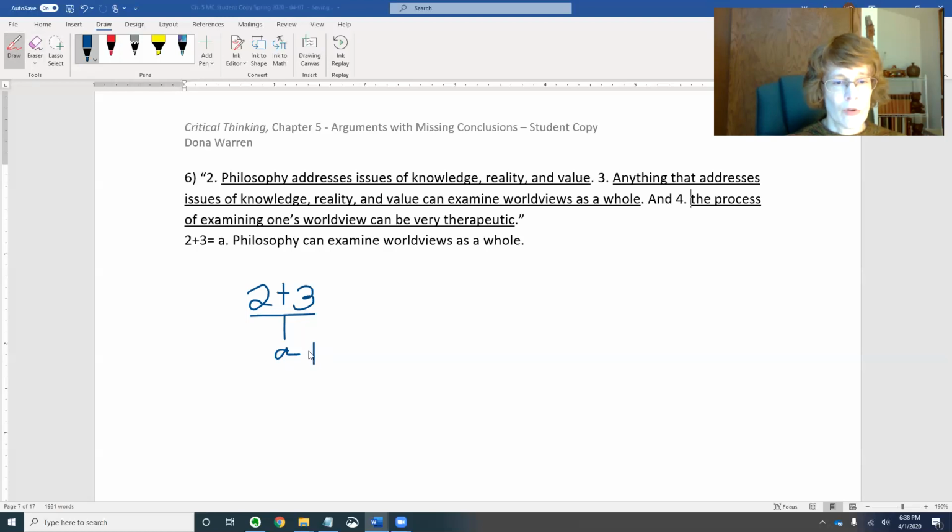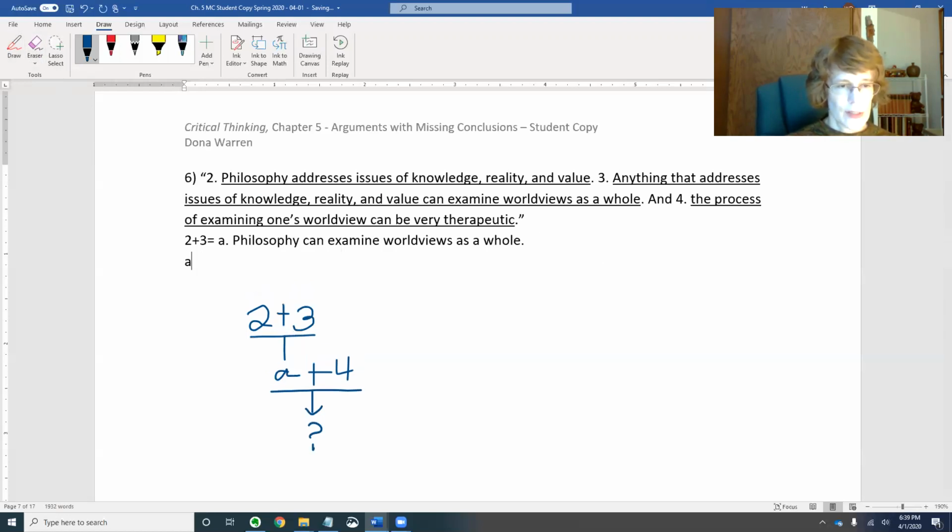Because A and 4 have a lot in common, which then should lead us to ask what follows when we add them. Well, let's think. A plus 4 gives us what? Philosophy can examine worldviews as a whole. The process of examining worldviews can be very therapeutic. Well, what do they have in common? This examining worldviews as a whole, right?